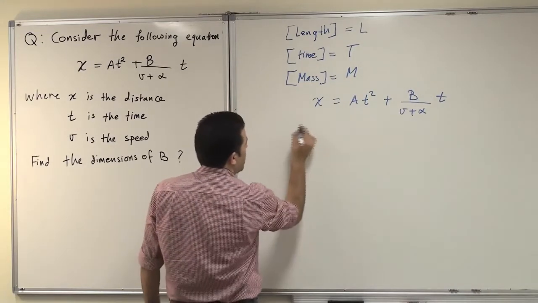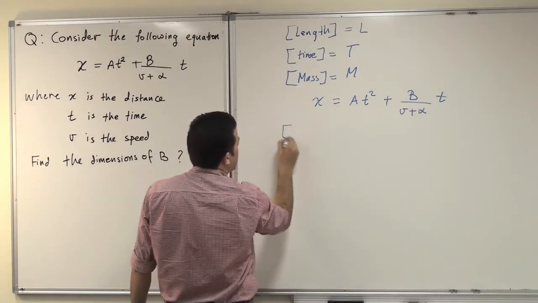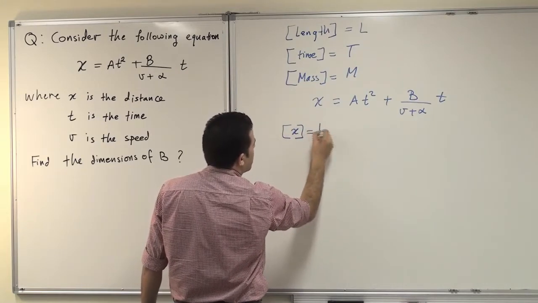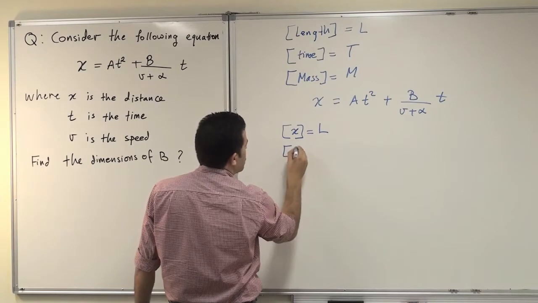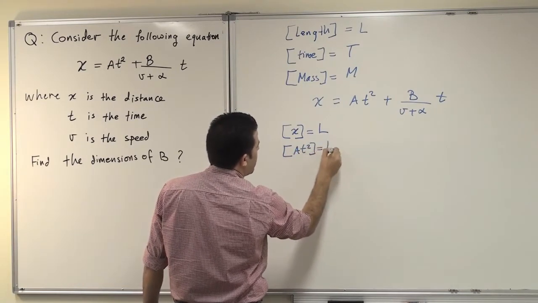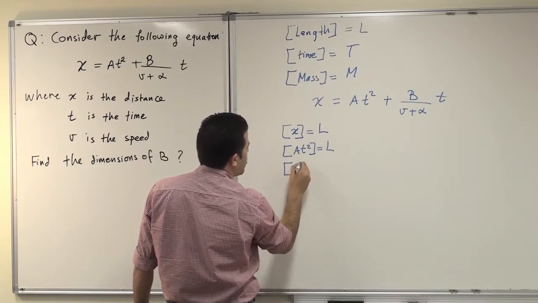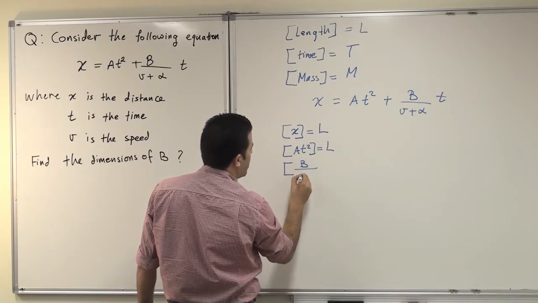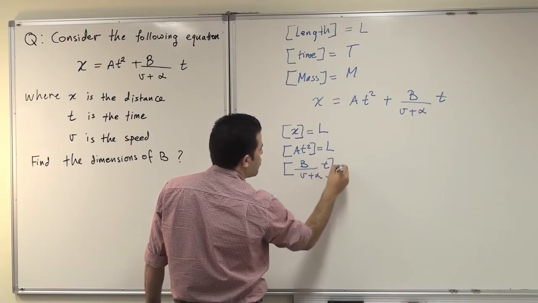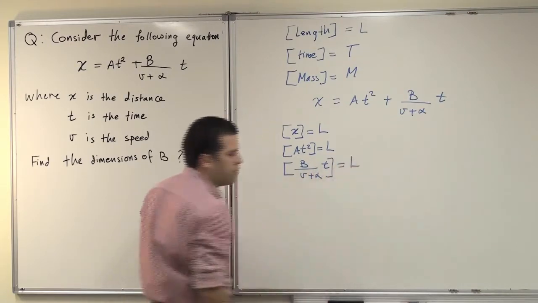So to find b, I can say that the dimension of x should equal L, the dimensions of the whole term a t squared should equal L, and the dimensions of the whole term b divided by v plus alpha t should also equal L.